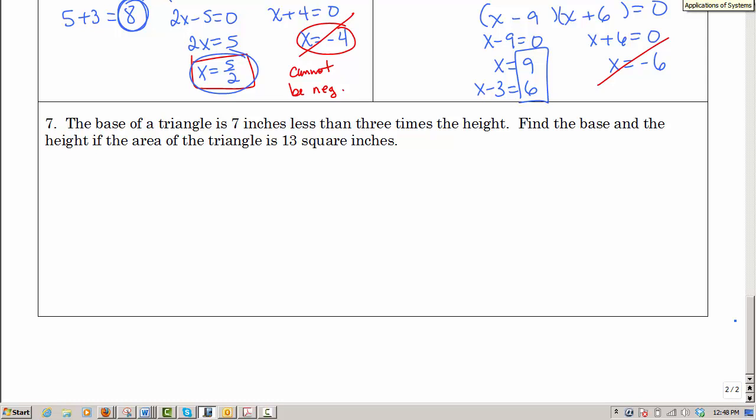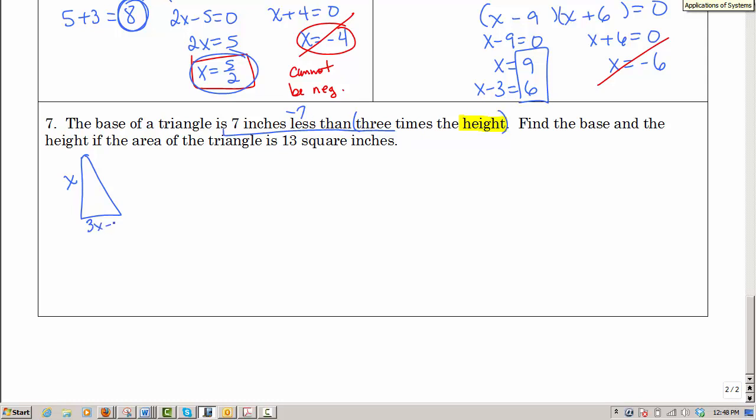Last one, we have a triangle again. And it says the base of a triangle is 7 inches less than 3 times the height. So I'm going to let the height be x. Whatever's mentioned last just makes it easier. The base is 7 inches less than, so I'm going to subtract 7 from 3 times the height.